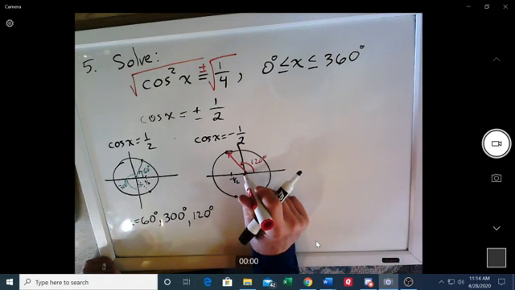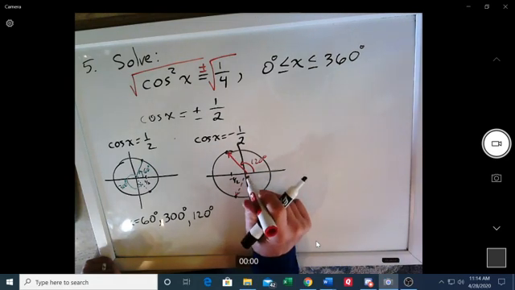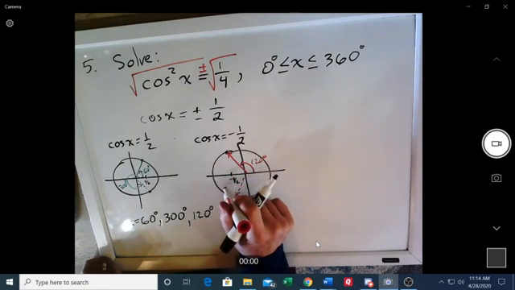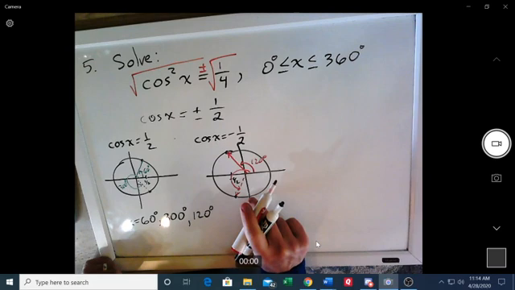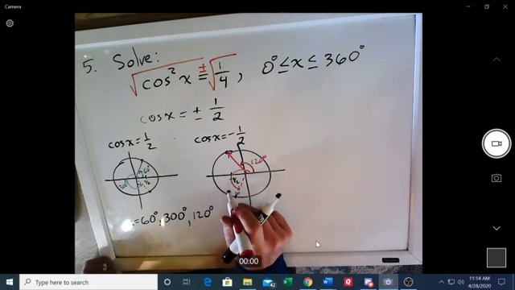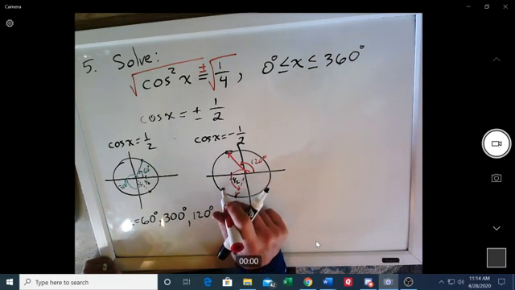And then this one down here is 180 plus 60 more, or 270 degrees back up 30 degrees, 240 degrees.